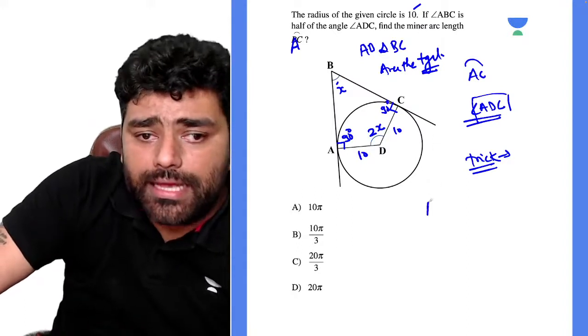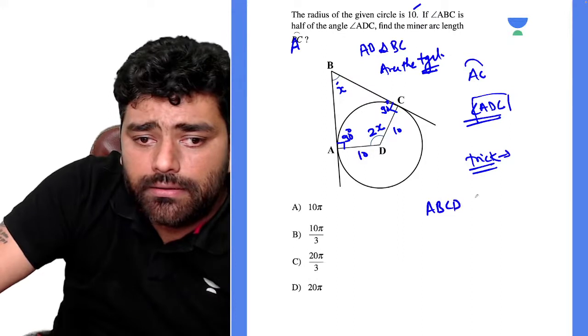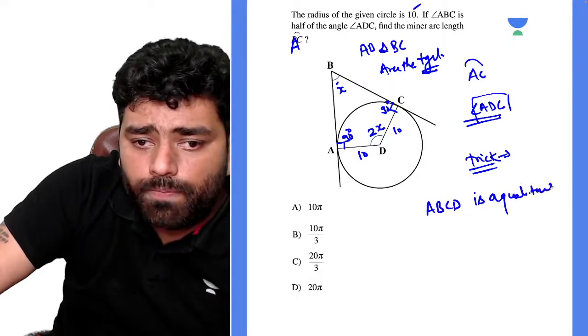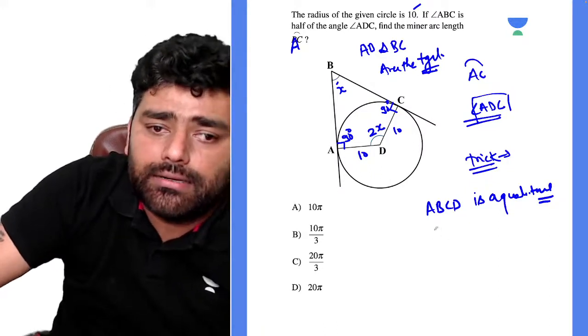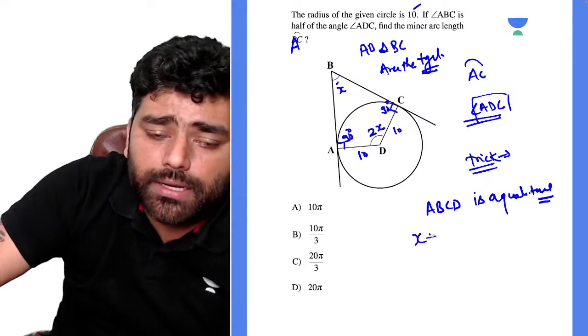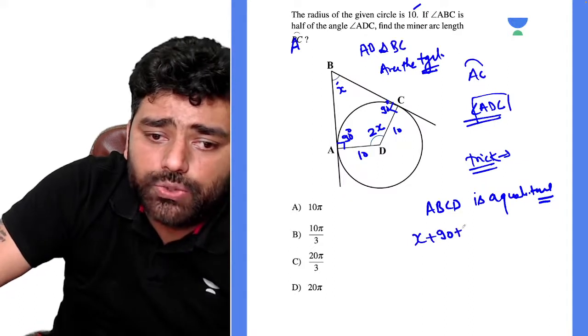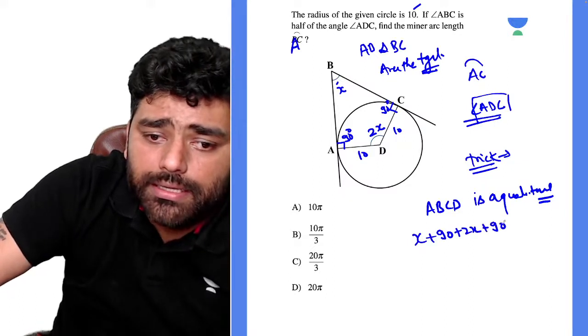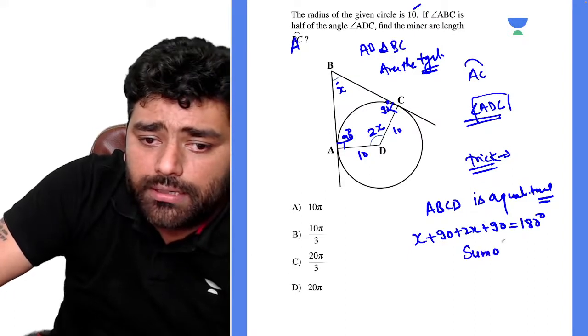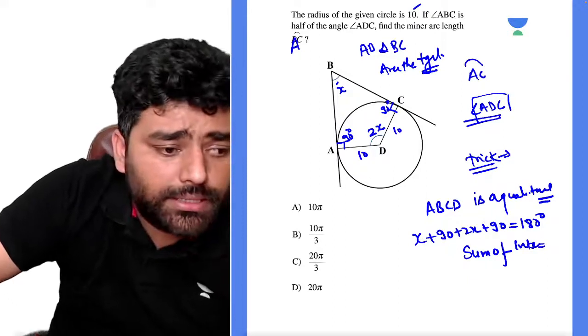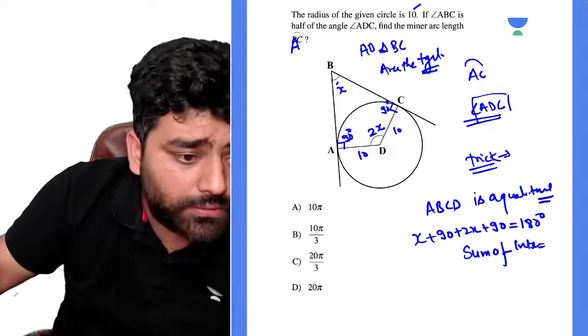And then we can say ABCD is a quadrilateral. If ABCD is a quadrilateral, then x plus 90 plus 2x plus 90 is equal to what? 180 degrees, because the sum of the interior angles of a quadrilateral is, sorry, my bad, it should be 360, not 180.